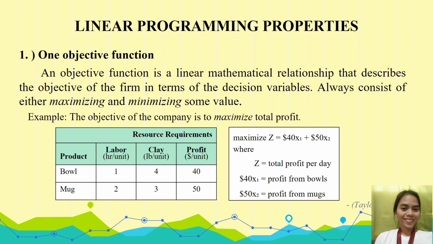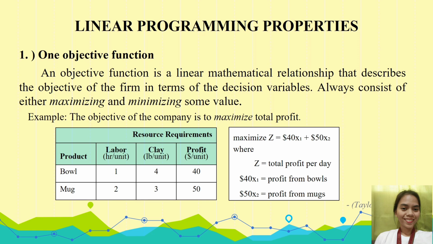For example, based on the table, the objective of the company is to maximize the total profit. The company's profit is the sum of the individual profits gained from each bowl and mug. Profit derived from bowls is determined by multiplying the unit profit of each bowl by the number of bowls produced, that is, $40 times X sub 1.